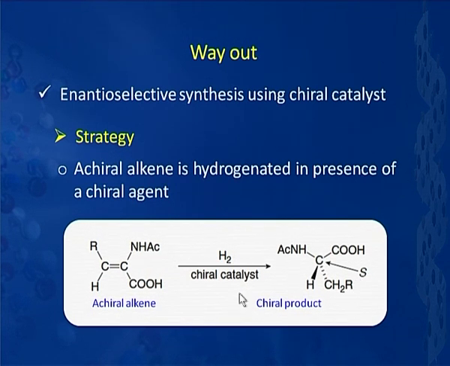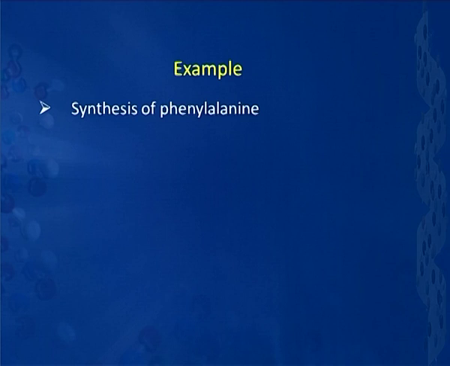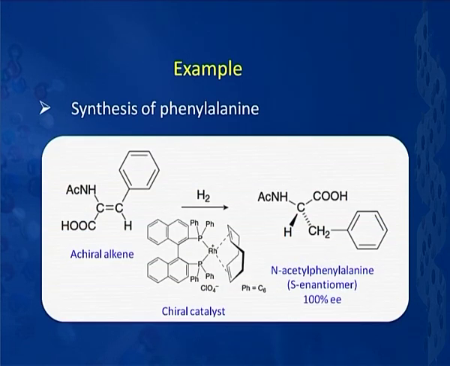That is the basic strategy here, that is I am going to use a suitable chiral catalyst. The catalyst is going to determine what enantiomer I get as a product. Now, let us take an example, say, of synthesis of phenylalanine. What we do is, we take an achiral alkene as shown over here and do its hydrogenation, and along with it in this process I use a chiral catalyst here.